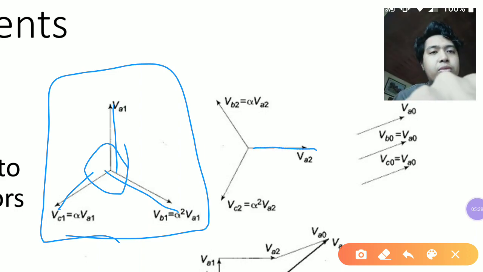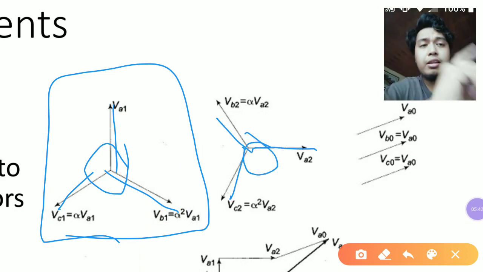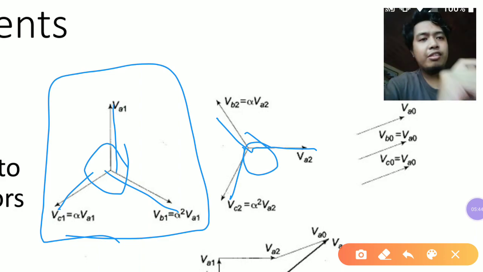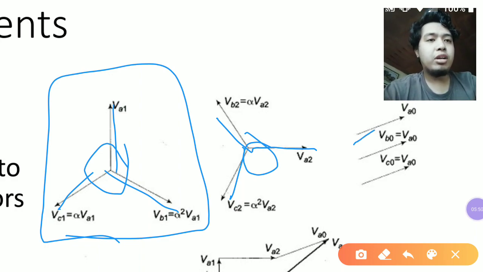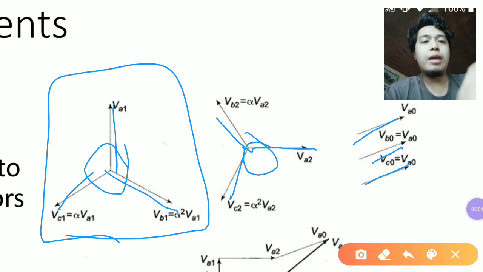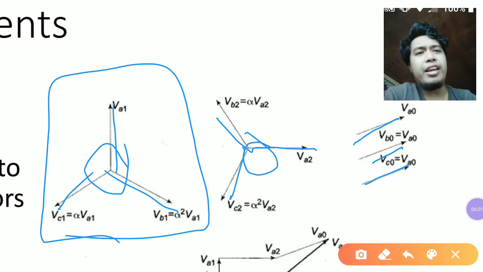I have A2, B2, and C2, same magnitude, separated by 120 degrees. And there is a special consideration for zero sequence. The idea of zero sequence is that you have three vectors A0, B0, and C0, all of them same magnitude and in the same direction. Okay, so that's more like an exemption.